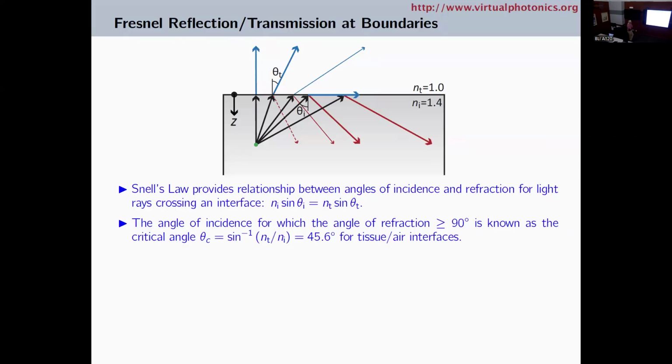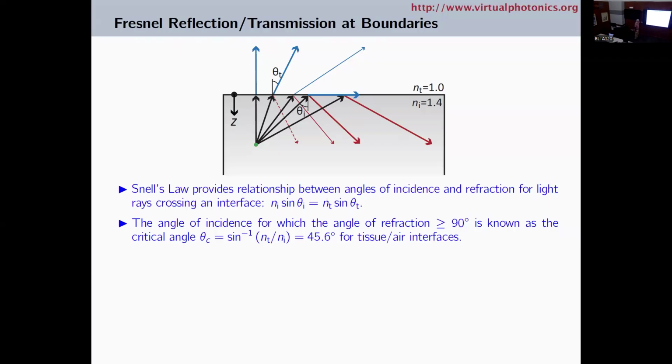What's very important in terms of both diagnostics and therapeutics is that we need to handle the fact that you can have a light source. I've just expanded the spatial scale. Just imagine this light source being very, very close to the surface. That close to this boundary, you're going to have a fraction of the light that gets transmitted back outside, say into an air environment, and some of the light that gets totally internally reflected.